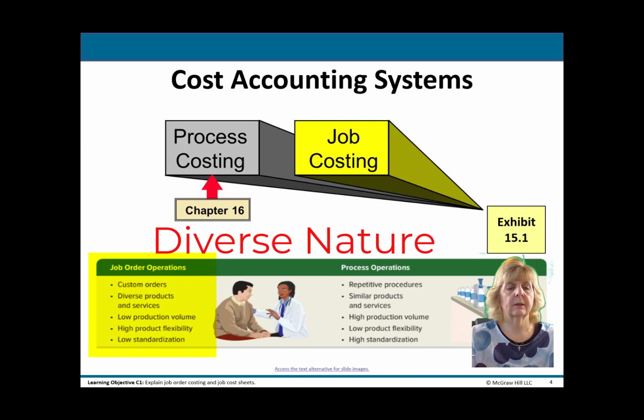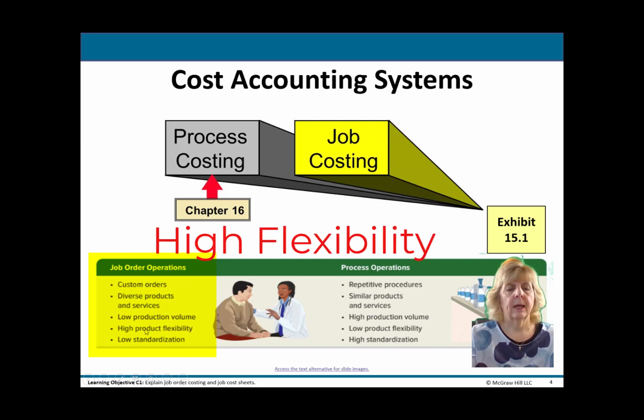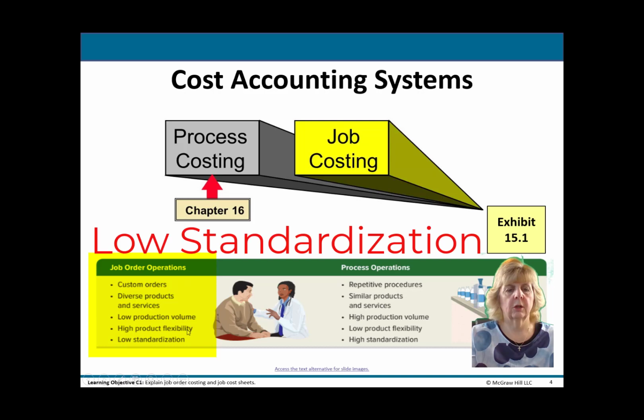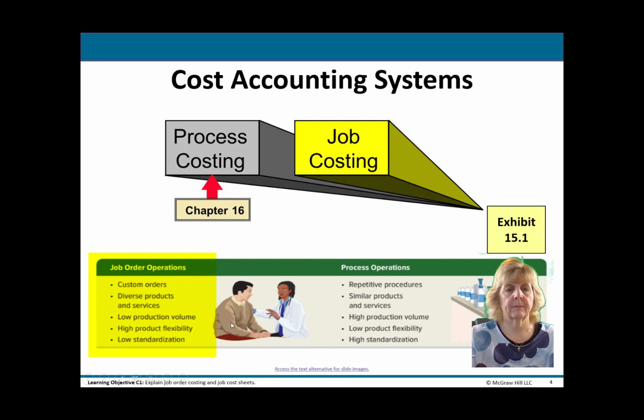Because the products are custom, there tends to be low production volume and high product flexibility. And again, because the jobs or the products are different in how they look at the finish line, there is low standardization in job order operations.